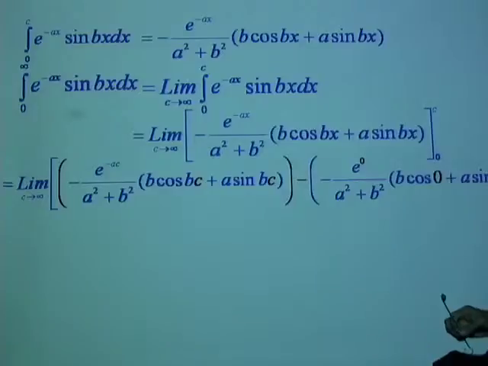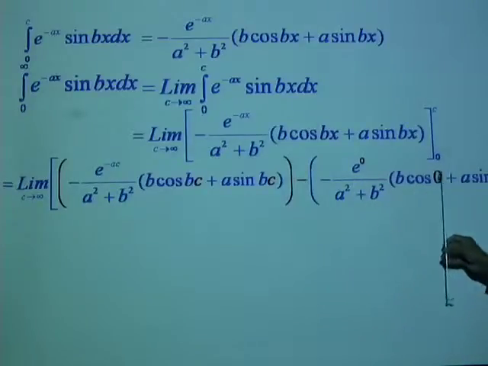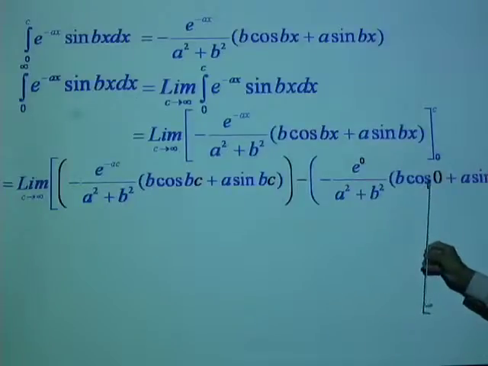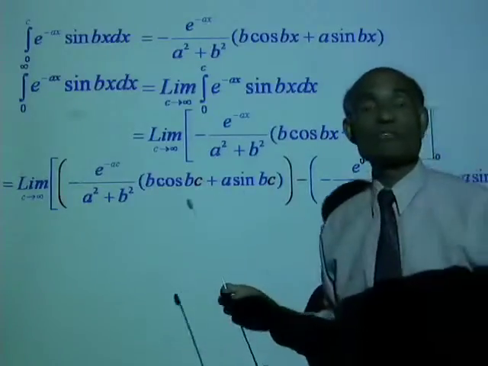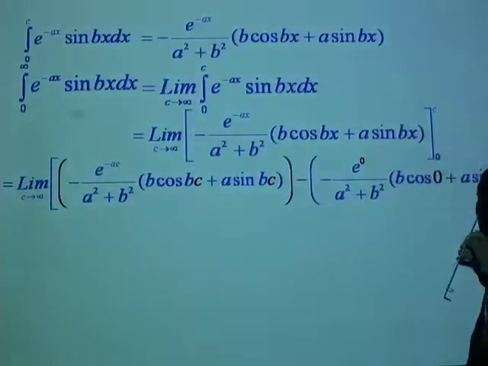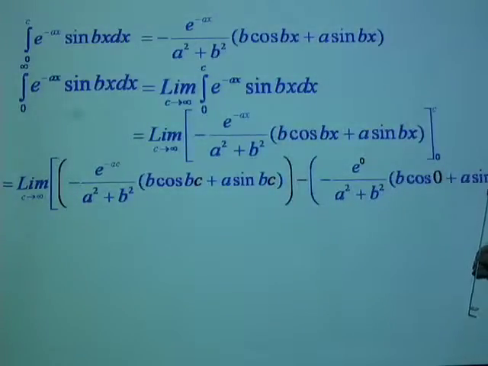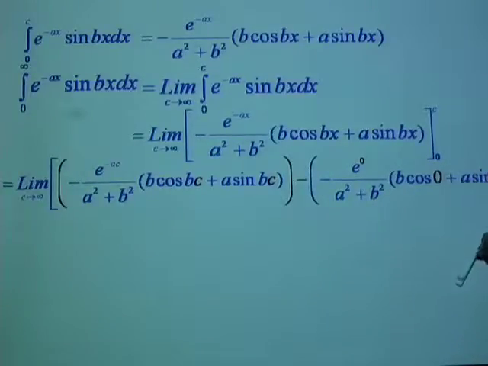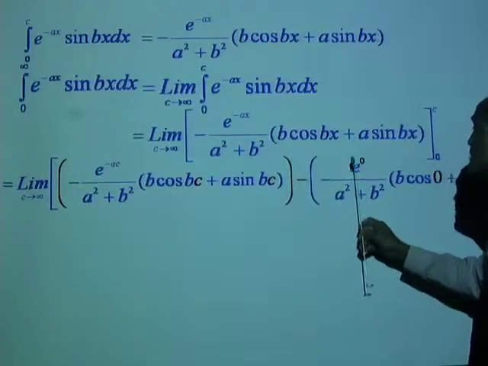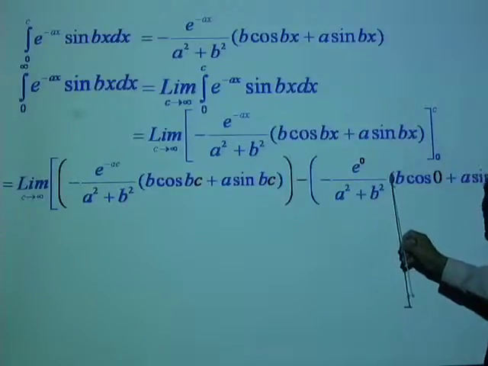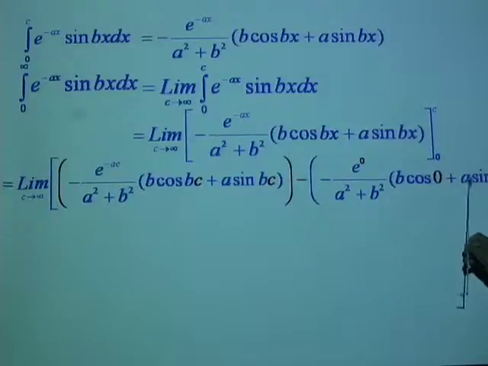Okay, what does that yield you? We can do a number of simplifications here. e to the power of 0 is 1. Cos 0, what's cos 0? Cos 0 is 1. And sine 0 is 0. Therefore, this term here will simply be negative 1 over a squared plus b squared times b plus 0.